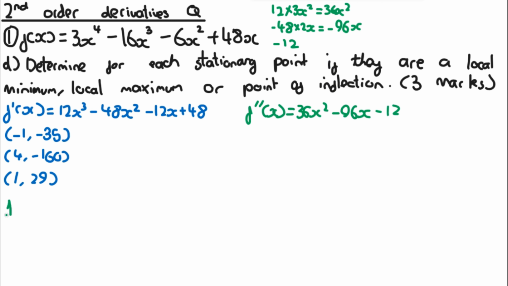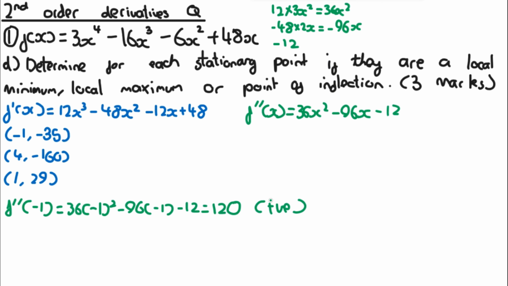So f''(-1) is equal to 36(-1)^2 - 96(-1) - 12, which if you put it into a calculator is equal to 120, which is a positive number, so therefore this is a local minimum.